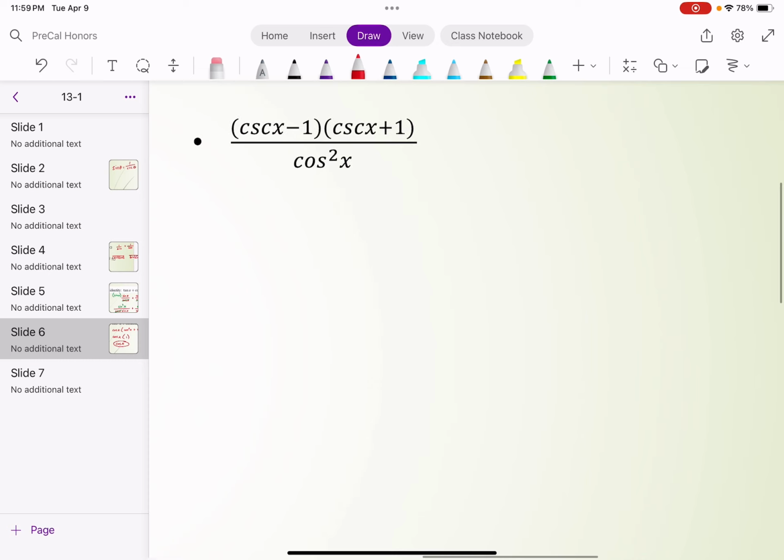We're going to end up with cosecant squared x minus 1 over our denominator, which is cosine squared x. We know that the numerator itself is one of the identities, and it is equal to cotangent squared x.